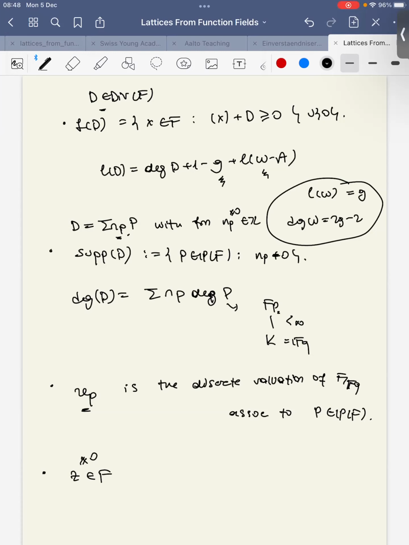And for a constant, we know that it has no zero and no poles. But in any case, for a non-zero function inside of a function field, there was a way to encode all zeros and poles into a divisor, which is called the principal divisor. That was defined as the zero divisor minus the pole divisor.